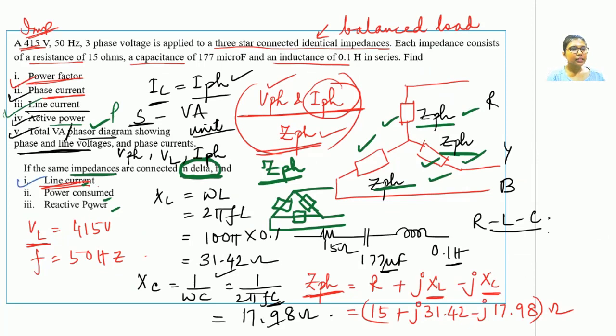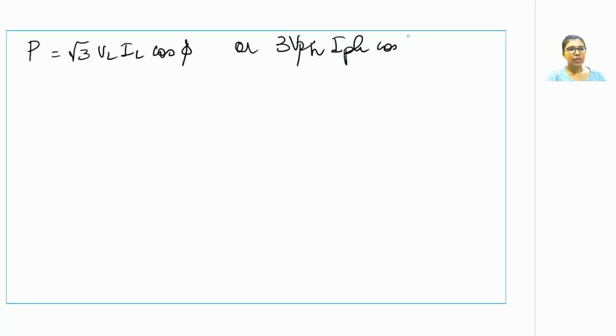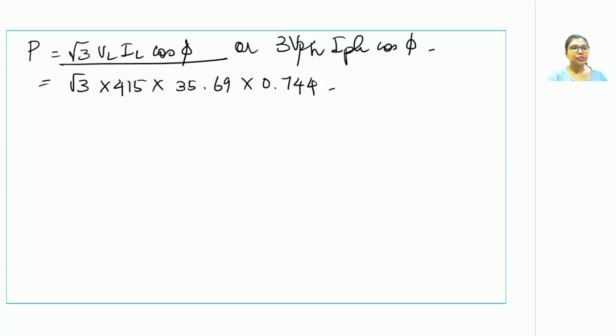Moving on to the second and third bit, it says find out the power consumed and the reactive power, which means we have to find out the values of P and Q. So what is the expression for real power? It is either √3 times VL IL cos phi or 3 times V phase I phase cos phi. We'll go with this expression. I've substituted the values.